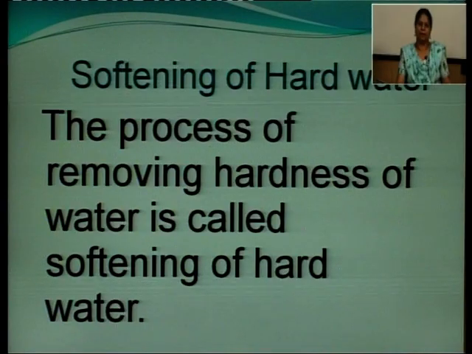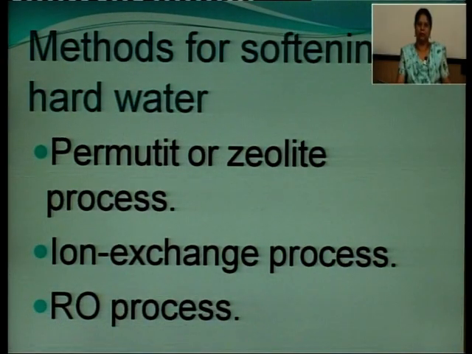There are many methods used for softening of hard water, but in this lecture we will be discussing the important three, namely permutit or zeolite process, ion exchange process and RO process or reverse osmosis process.